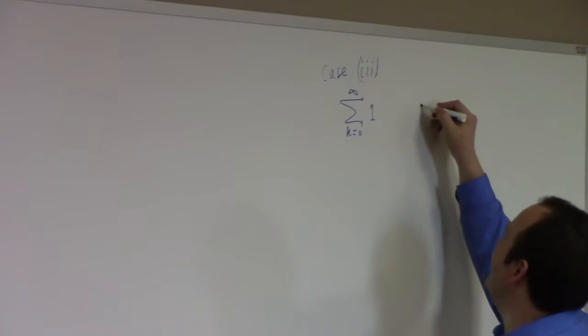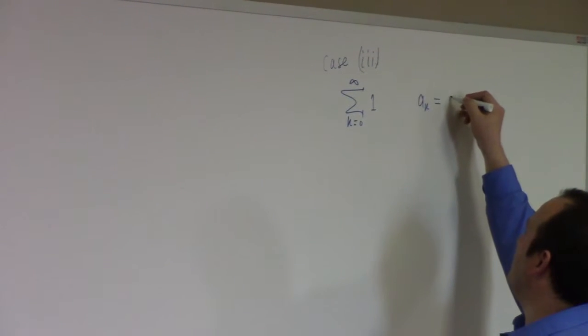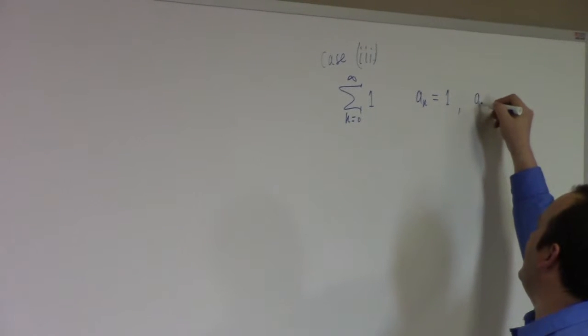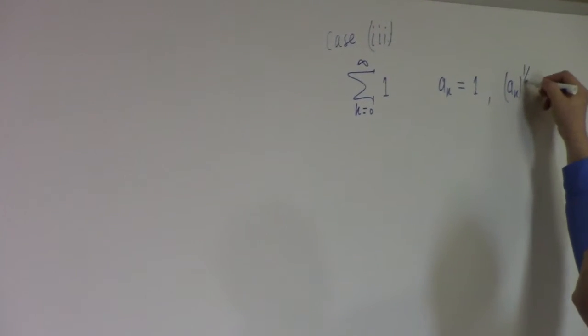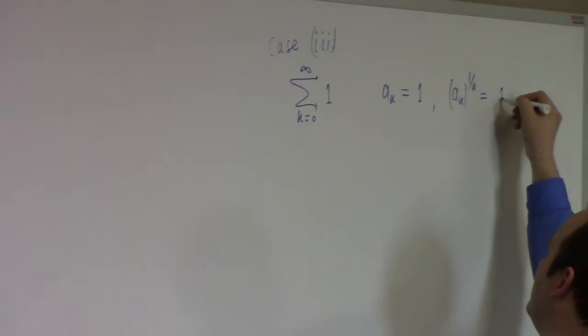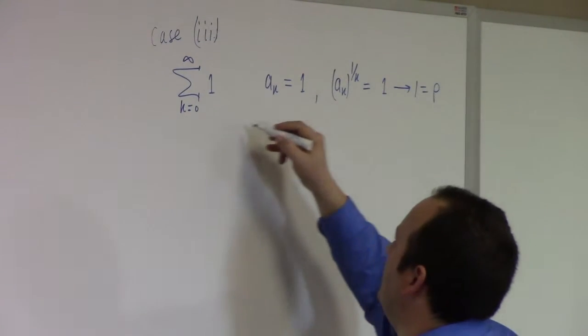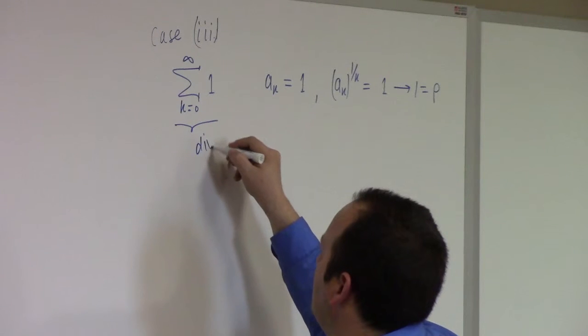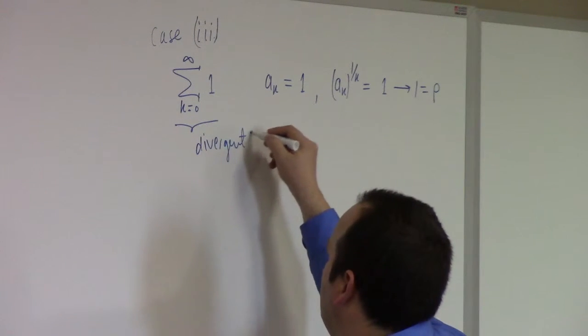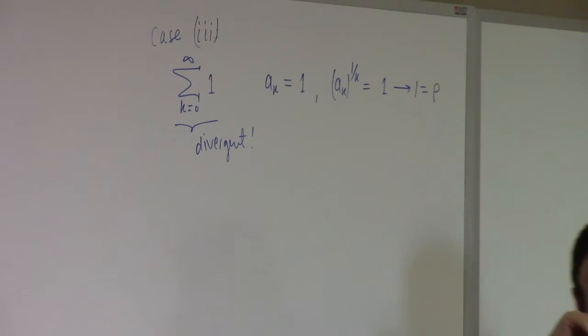So a sub k is equal to 1. A sub k to the 1 over k is equal to, you guessed it, 1, which goes to 1, which is equal to rho. This is clearly divergent, right? So there's a root, which is 1.